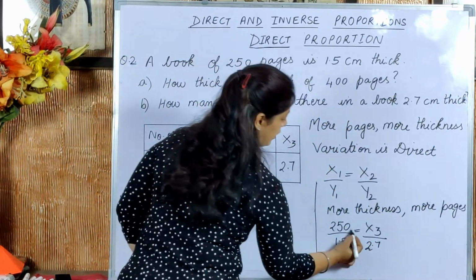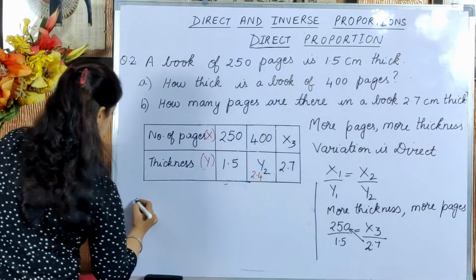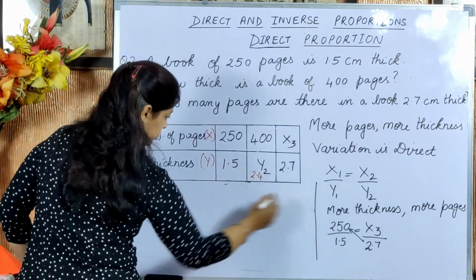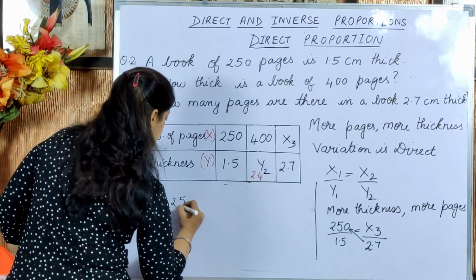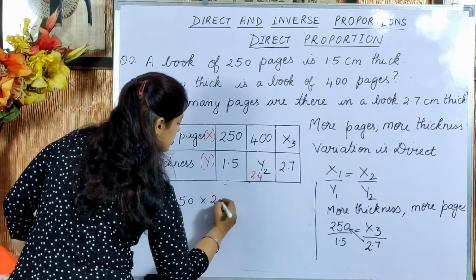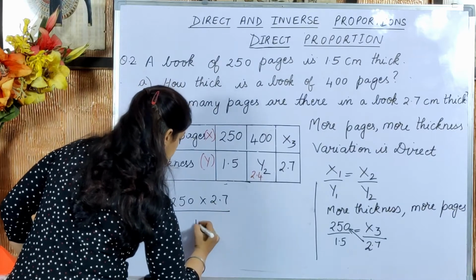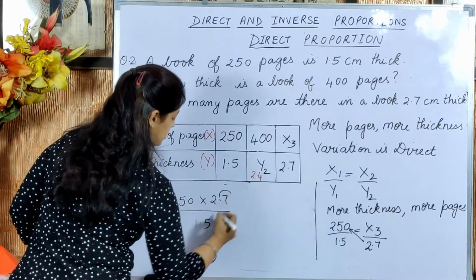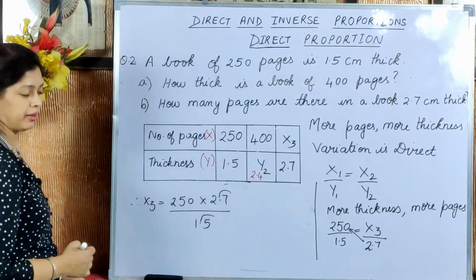Now to find x3, I cross multiply again. Therefore x3 is equal to, the known values I keep in the numerator, 250 into 2.7 divided by 1.5. Now here I can remove the decimal from both the numerator and the denominator.